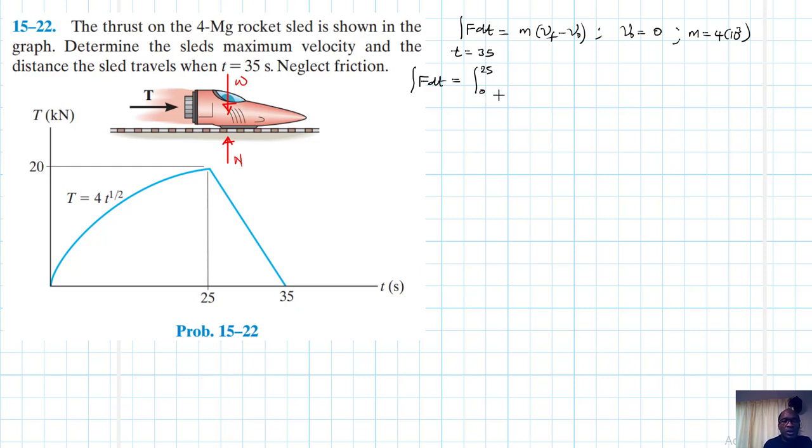This is kilo, so we'll say 10 to the third times 4t to the power 0.5 dt, plus 10 to the third times half. Let's start with half.